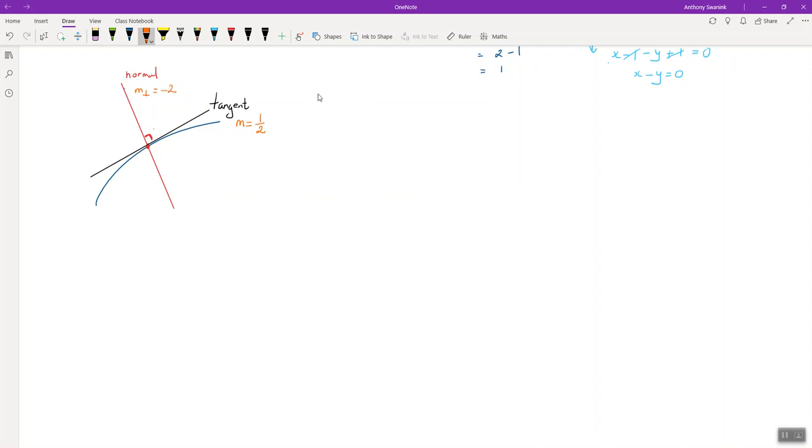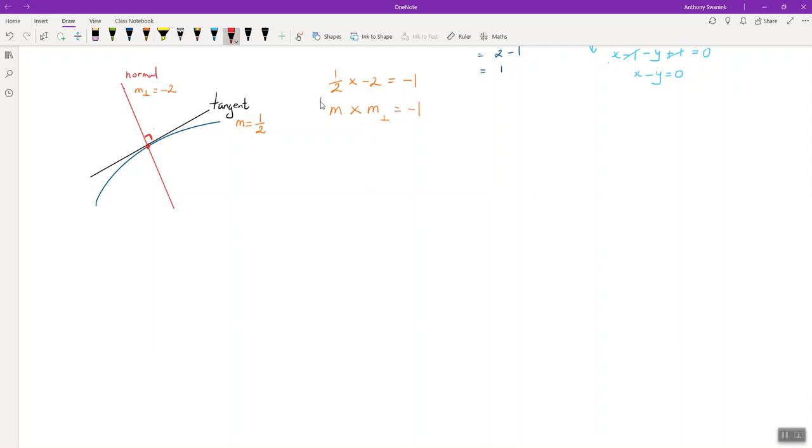And one thing I'd like you to notice is that if you multiply the half with the negative 2, you get negative 1. And this is true in general, that when you take the gradient of a tangent and multiply it with the gradient of the normal, it always equals negative 1.